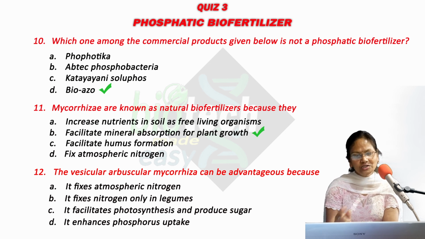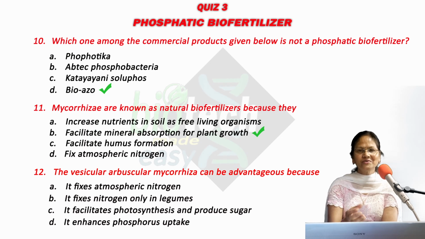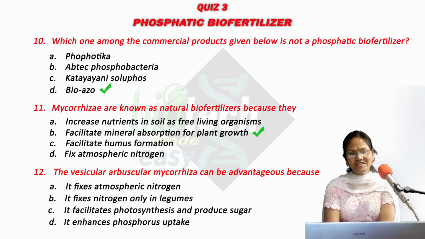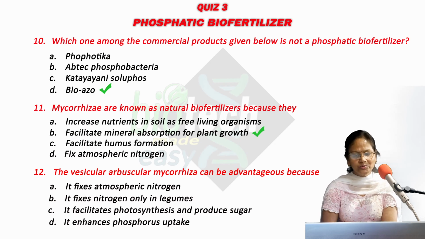It fixes nitrogen only in legumes. Again, that is for confusing you, because Rhizobium is present as a symbiotic microorganism in the legumes and it fixes nitrogen, but vesicular arbuscular mycorrhiza doesn't do this.